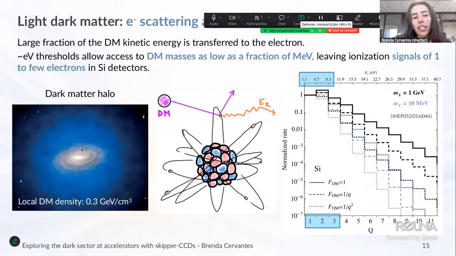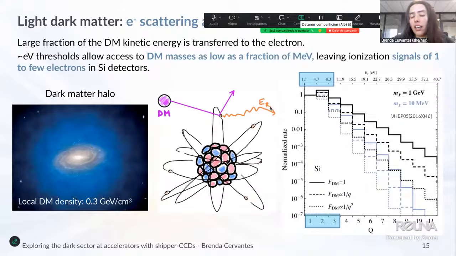In direct detection experiments, what we do is to try to search for an interaction of a dark matter particle living in this halo with particles in your detector. We choose electron scattering as the detection channel because in this channel, a large fraction of the dark matter kinetic energy is transferred to the electron, and you can see detectable signals.